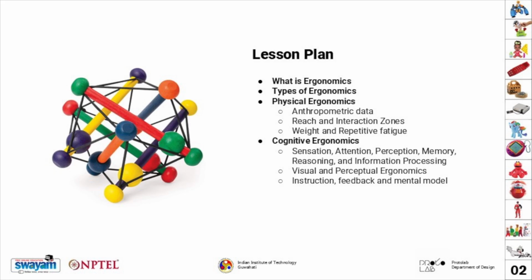We will also discuss visual and perceptual ergonomics and how clarity influences understanding. Finally, we will examine instructions, feedback, and mental models and how children interpret cause and effect while playing.